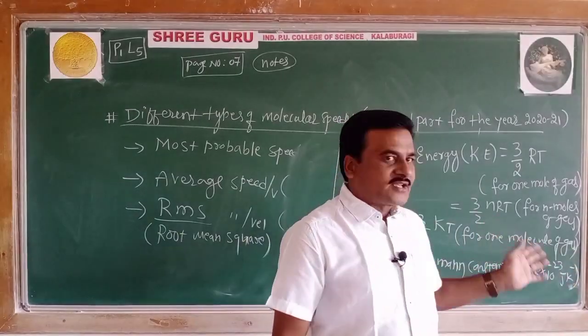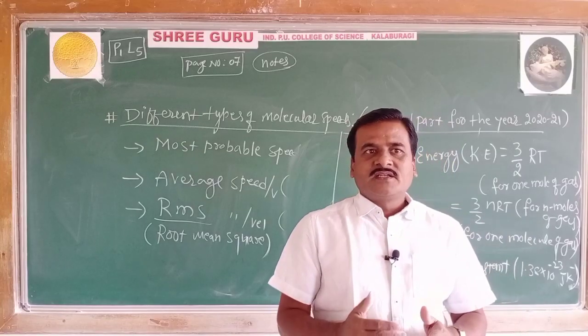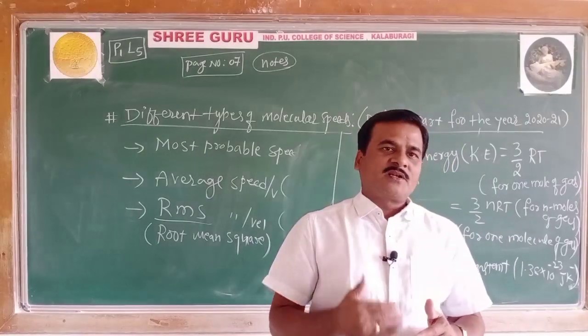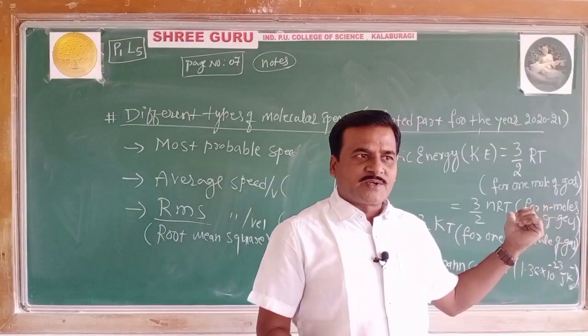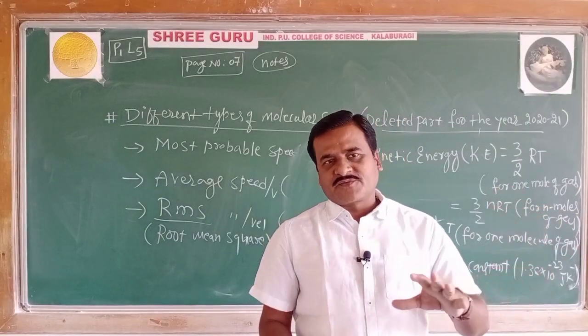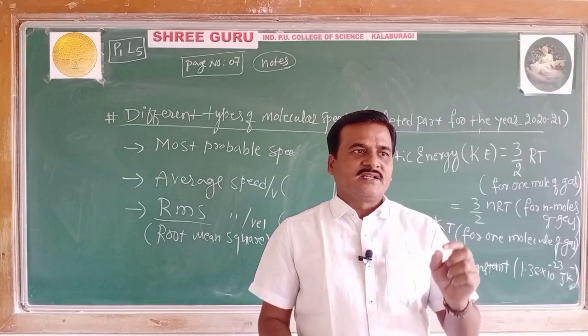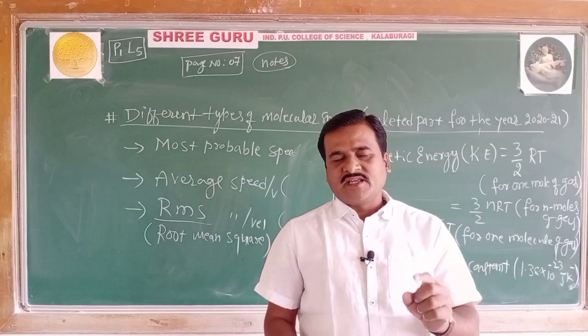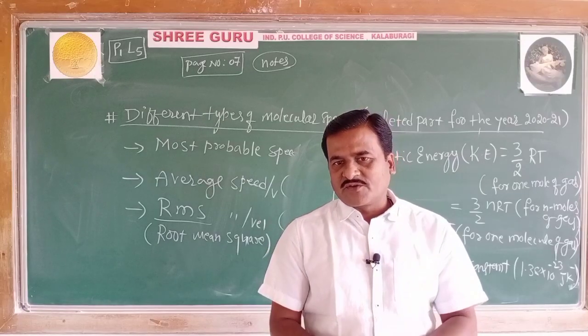Lastly, the deleted portion of different kinds of molecular speeds, most probable, average, and RMS velocity, followed by the kinetic energy expression 3/2 times RT for 1 mole, and 3/2 times nRT for n moles of gas.